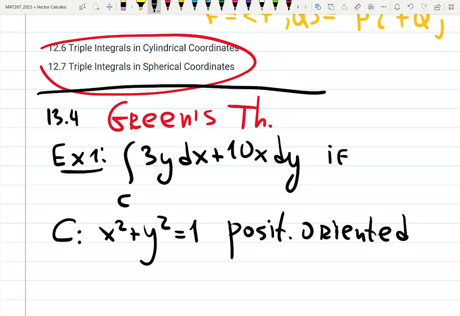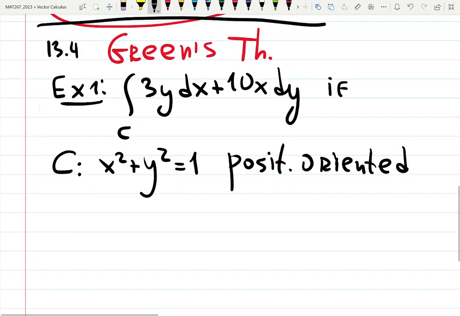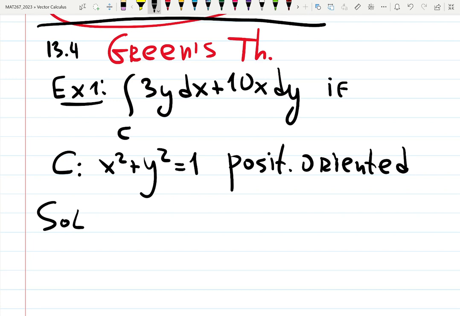But in general, the formulas x equals r cosine t and y equals r sine t only work for positive orientation, counterclockwise. If you need to change the orientation, you put some negatives in those formulas. That's your job to fix it, our job as people who do parameterization.